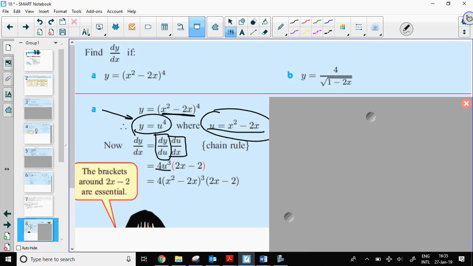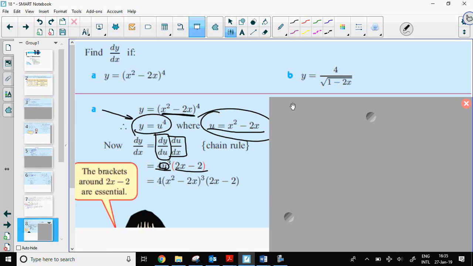That's like looking here and saying, oh, y equals x squared minus 2x. What's the derivative of that? Again, using power rule, it's 2x minus 2. So we've got that there. But then, since we know that u is equal to x squared minus 2x, we can input that for the u there. And our final answer can be 4 times x squared minus 2x cubed times 2x minus 2. That's one way to do it.